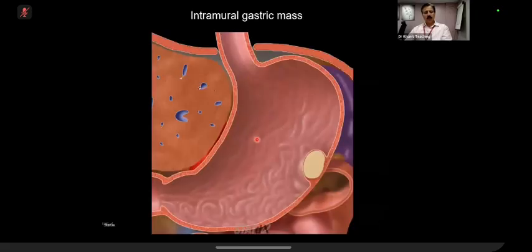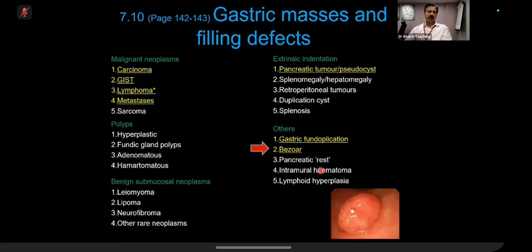Okay, very good. So we are now doing another differential diagnosis, and that differential diagnosis is a mass within the stomach. So gastric masses or filling defects, and this is a huge list. GIST is a very important tumor for your exam and for the real world also, because the stomach is the most common site of gastrointestinal stromal tumor.